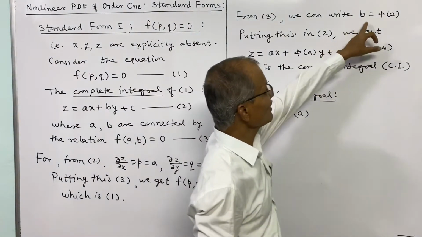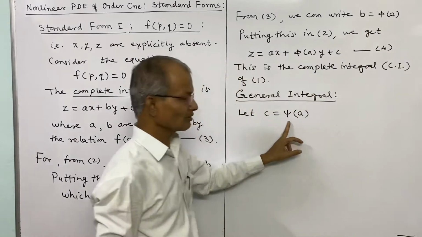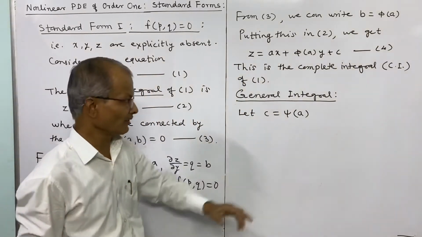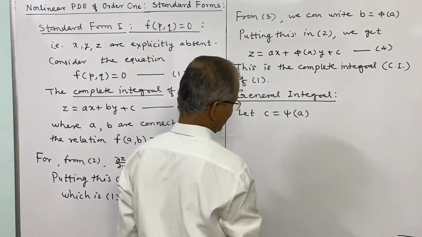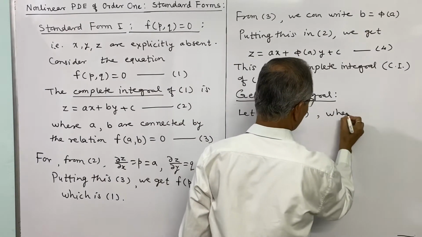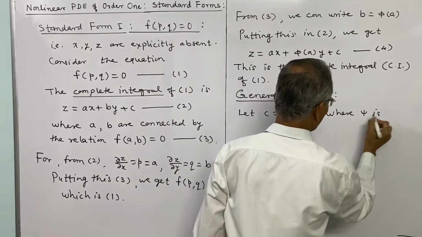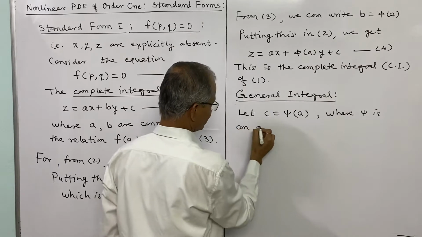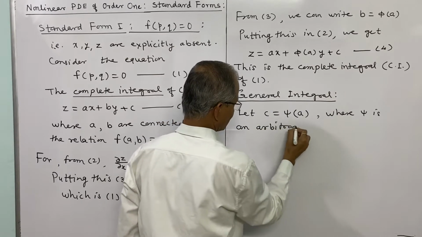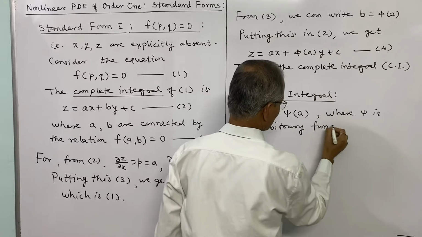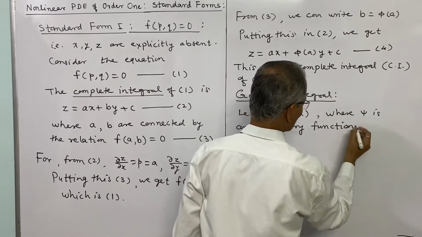Here we have denoted b by phi, here we shall denote c by psi of a, and psi is an arbitrary function of a.